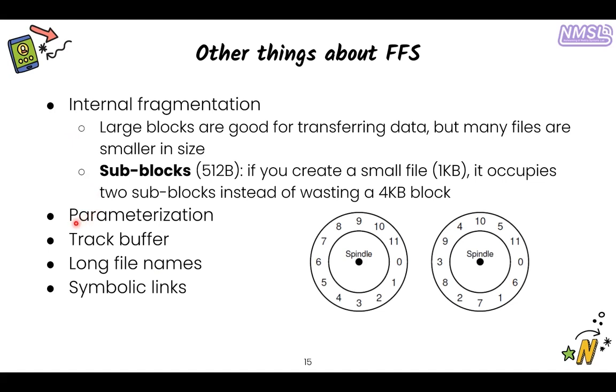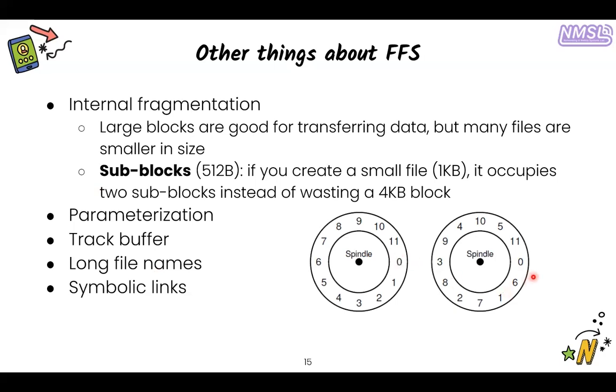The second one is parameterization. Let's say we have a spindle here. If you do sequential access, a lot of times when you're done with one block, due to the laws of physics, by the time you want to access the next one, it has already passed by.